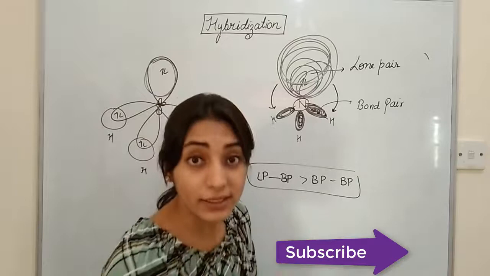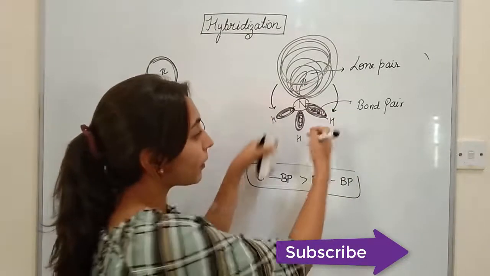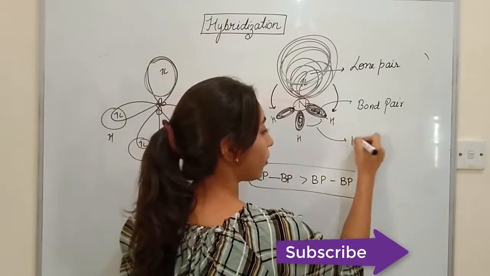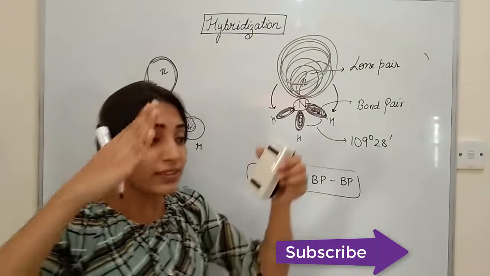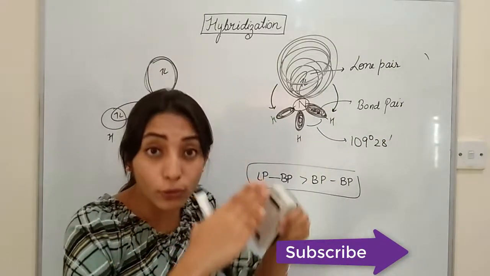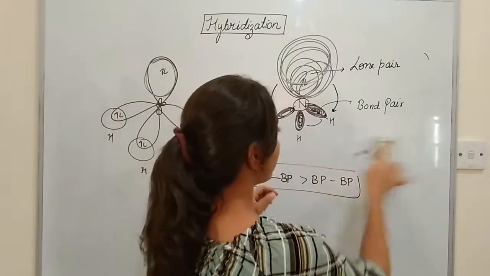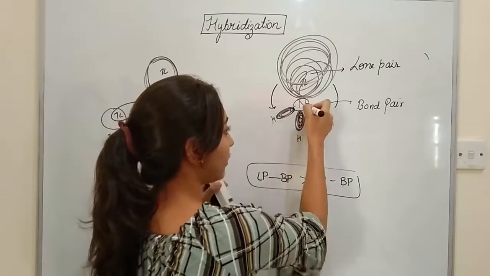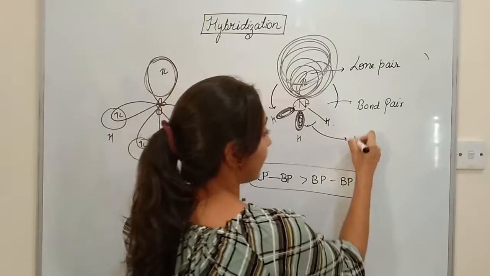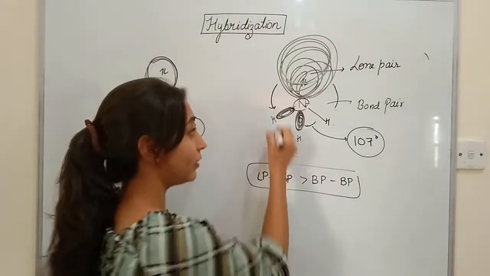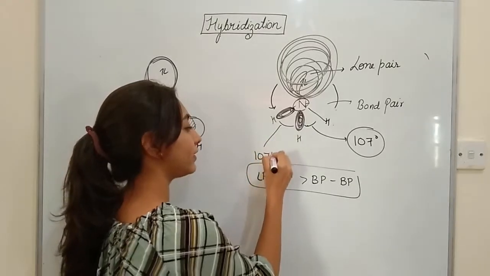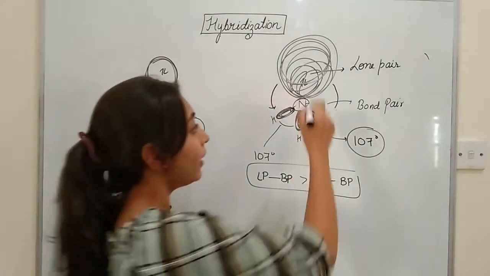Because of which the two bond pairs, which earlier were to be at an angle of 109 degree 28 minutes, are now squeezed more close to each other. And when we squeeze them more close to each other like this, then the angle becomes 107 degrees. So this is also 107 degrees.